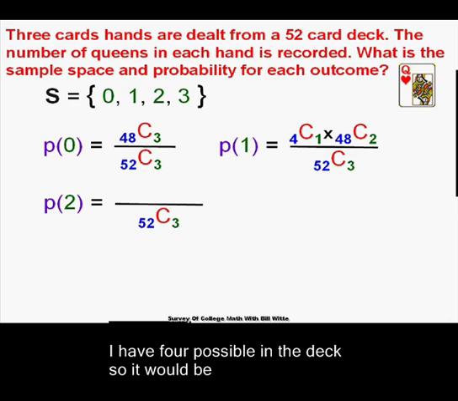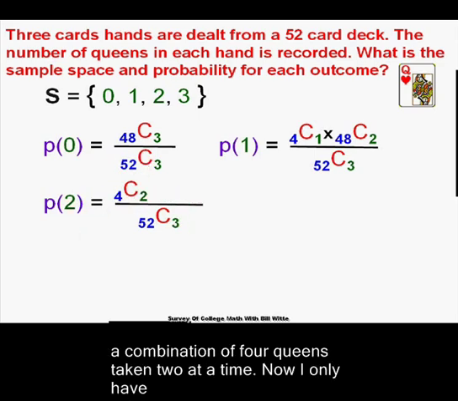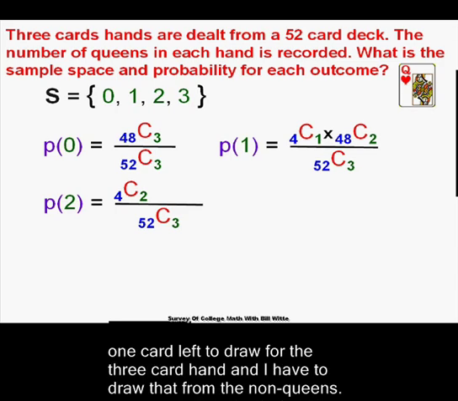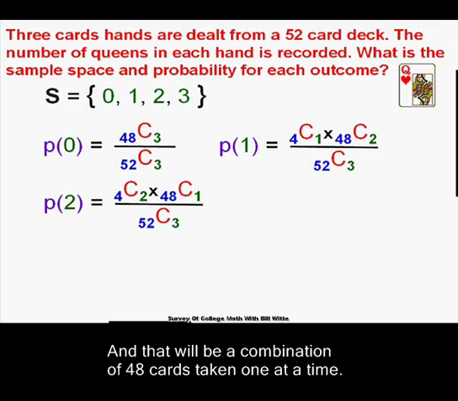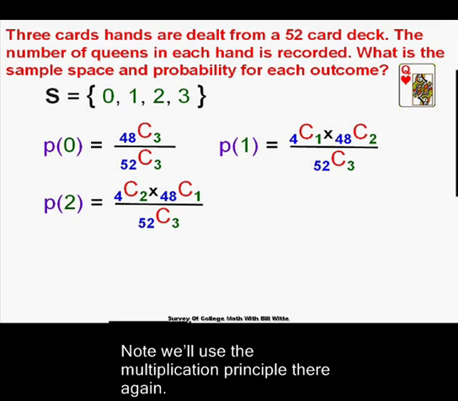So it's going to be a combination of 4 queens taken 2 at a time. And how many cards do I have left? I only have 1 card left to draw from my 3 card hand. And I have to draw that from the non-queens. So it'll be a combination of 48 cards taken 1 at a time. And I'll use the multiplication principle there again.